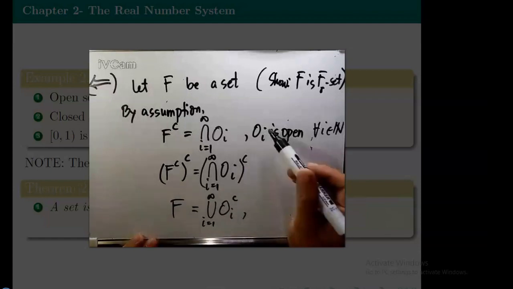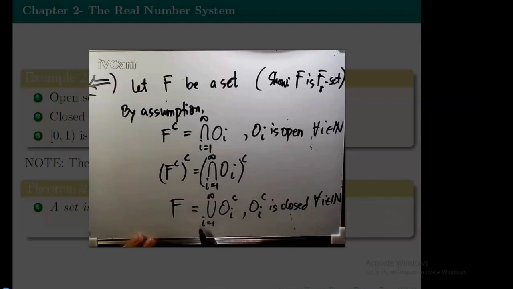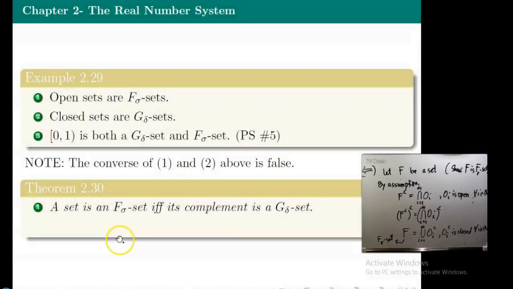Take note that O sub I is open, therefore its complement is closed for all I. So this now becomes the countable union of closed sets. Hence, we have shown that F is an F sigma set, being the countable union of closed sets. Okay? So we're done proving the first statement here.